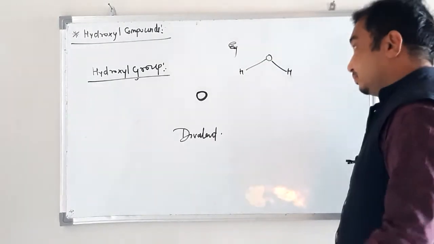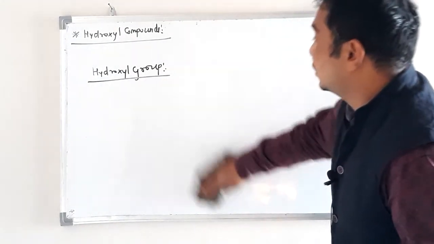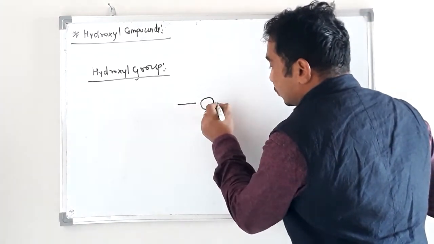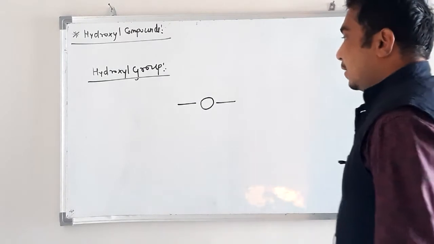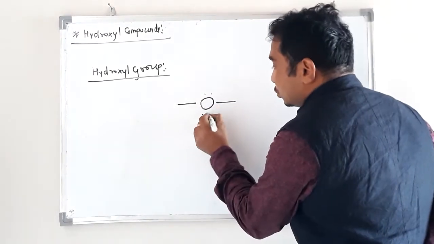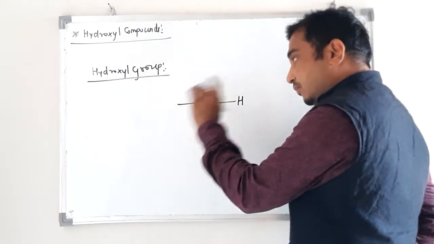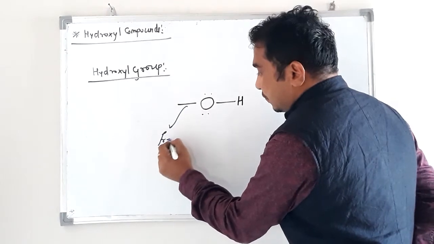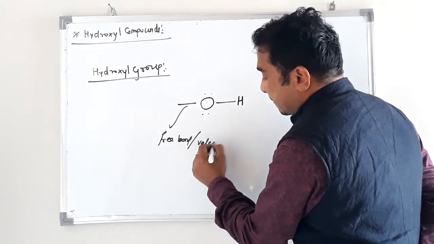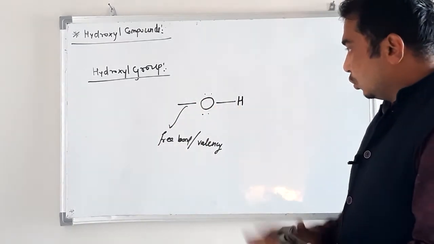Now the valency of oxygen is 2, meaning oxygen is going to form 2 covalent bonds. See, if this oxygen forms one bond with a hydrogen atom and one bond is free, this is the group.